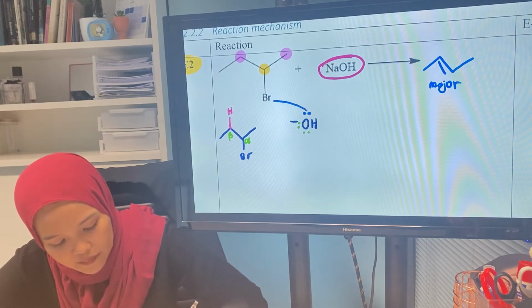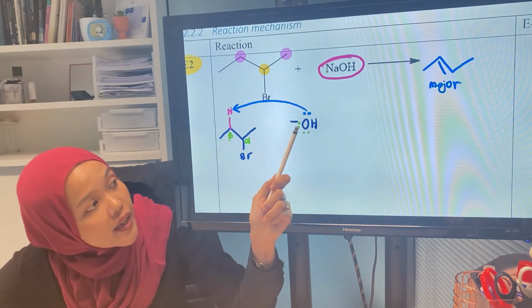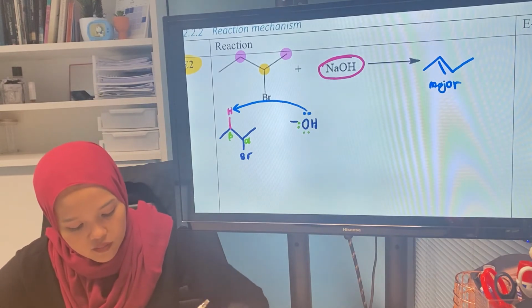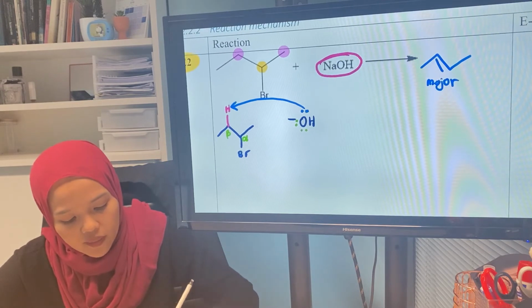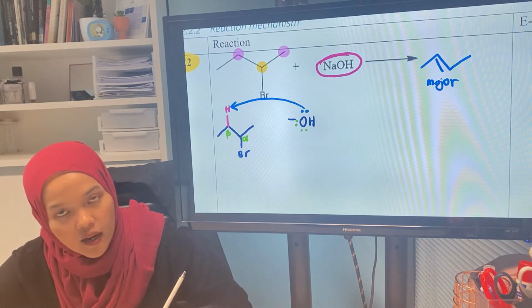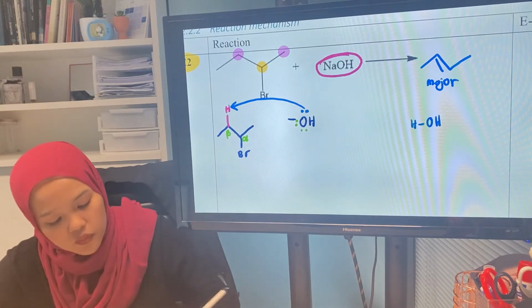The first step is the attack of the base on the hydrogen. The hydroxide ion is going to form a bond between the oxygen and the hydrogen. So it is going to form HOH, which is water.